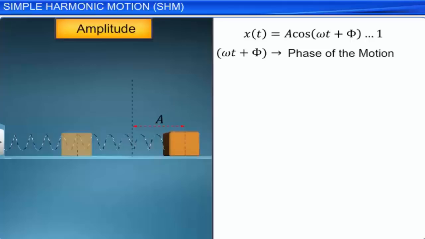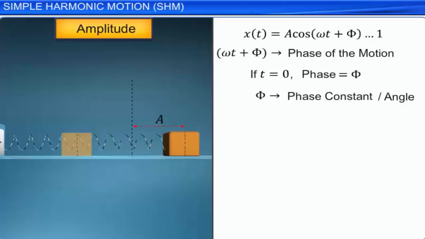At time t equal to 0, the phase is equal to phi, and this is called the phase constant or the phase angle.